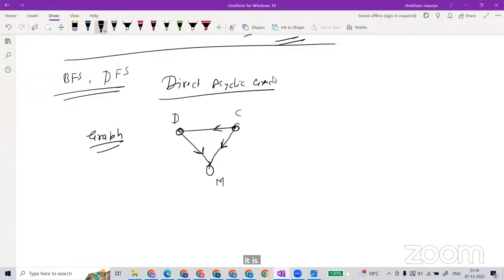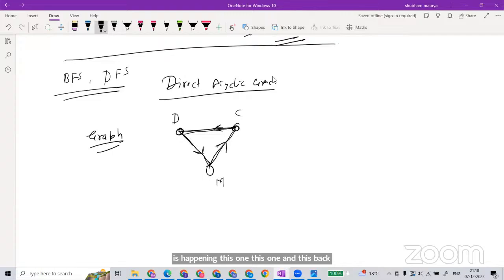So what does acyclic mean? This graph should not contain any cycle. Suppose this arrow were pointing this side, then a cycle would happen: going this way and then this way, back to the same origin.